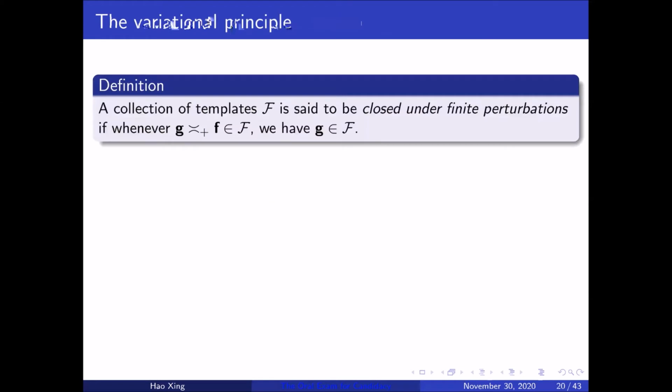So now we move on to the statement of the variational principle. Before we state that, we still need one more definition. A collection of templates is said to be closed under finite perturbations if whenever we have the difference of two templates bounded by a constant, and f is in this collection, then g is also contained in this collection of templates.